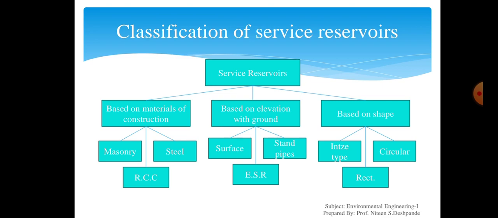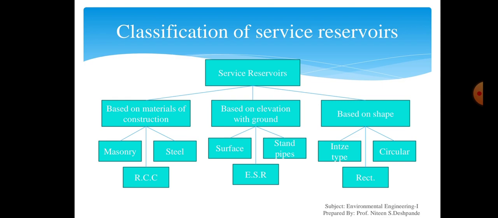The second classification is based on the elevation with respect to the ground level. The first type is the surface reservoir. Second type is stand pipes, which we are going to see in the next slide, and the third type is elevated service reservoirs, popularly known as ESR.